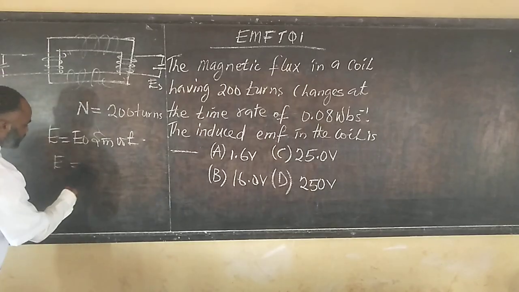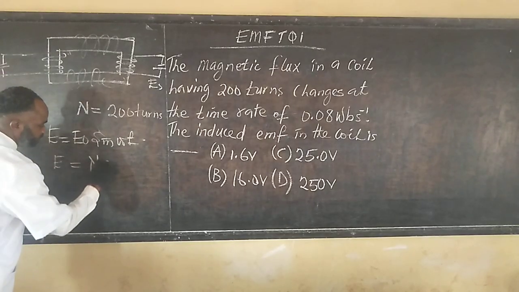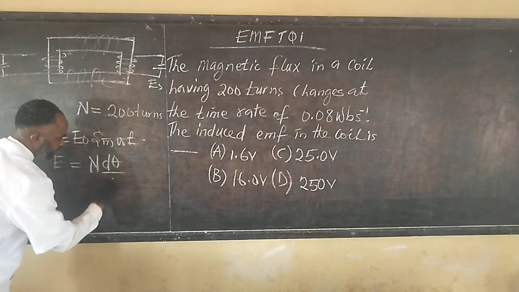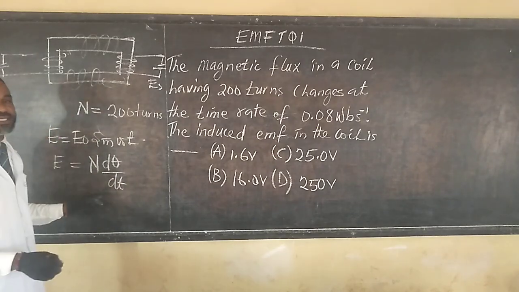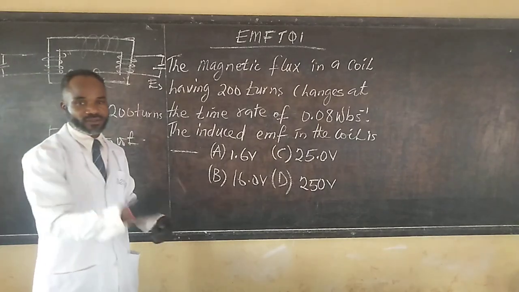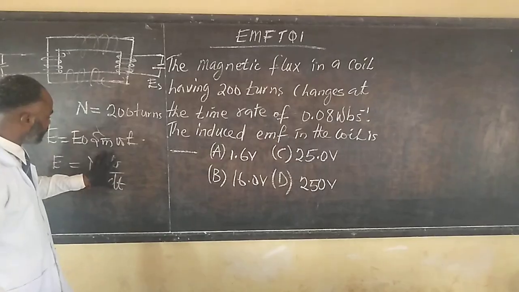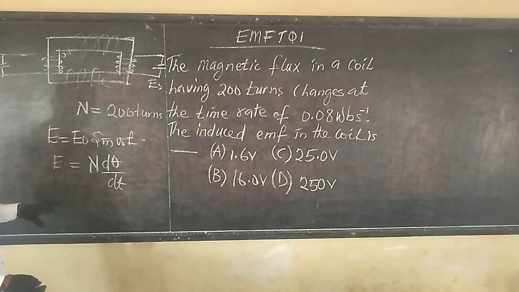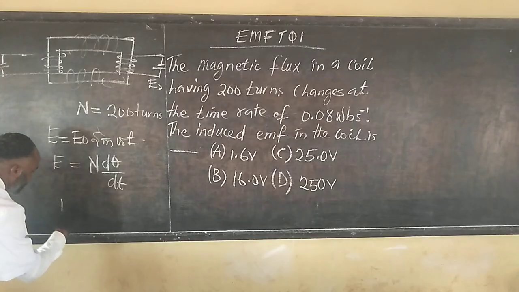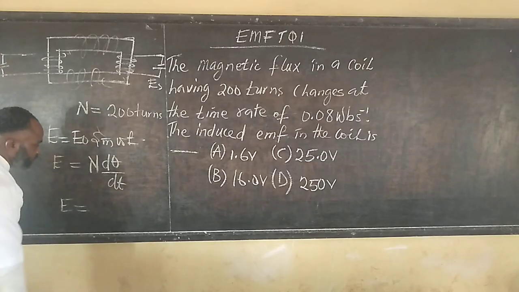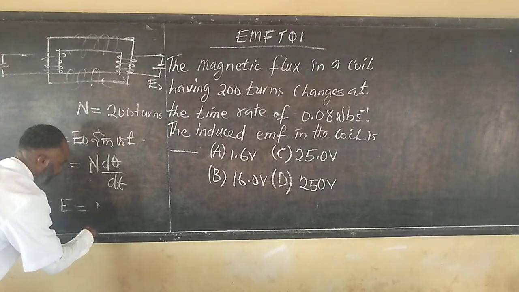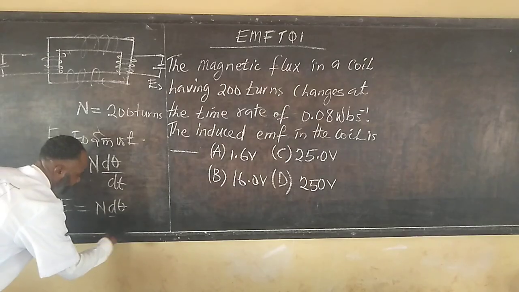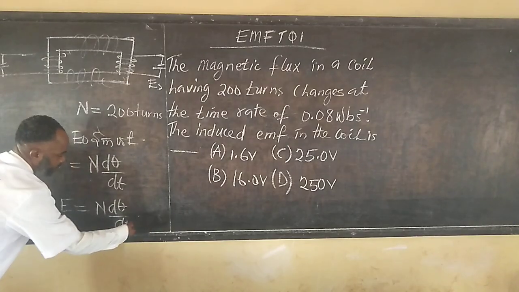We can say E is equal to N d phi by dt. This is the time rate of the magnetic flux. And that means E is equal to the number of turns given, times d phi by dt, and we call this equation 1.